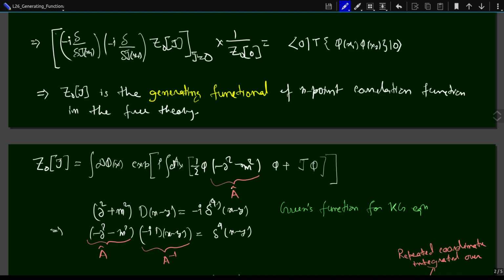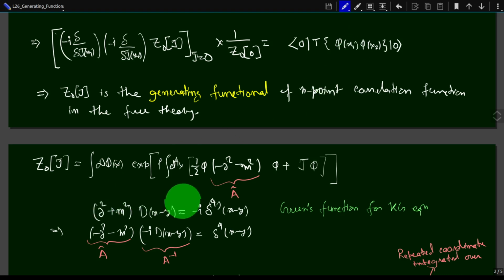Now the inverse of A is defined by A acting on it giving just the delta function. The Green's function for the KG equation is written like this: ∂² plus m² acting on D(x minus y) is minus i times delta4(x minus y). This is how the Green's function is defined.